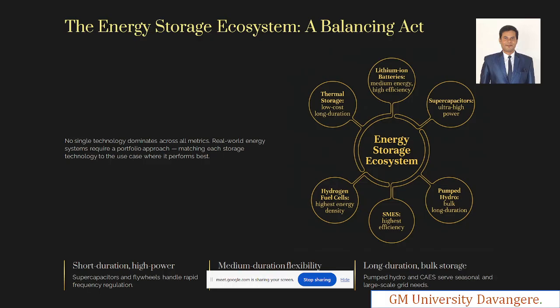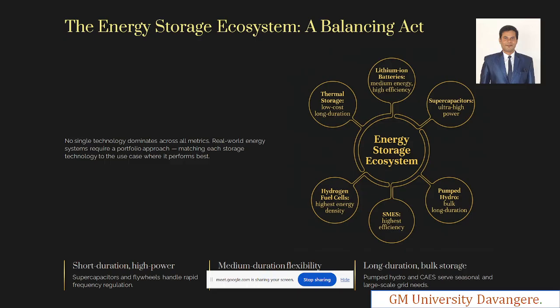This is the portfolio where the ecosystem can have various forms of energy storage, each matching an energy technology that performs best in the specific way you are going to use it.